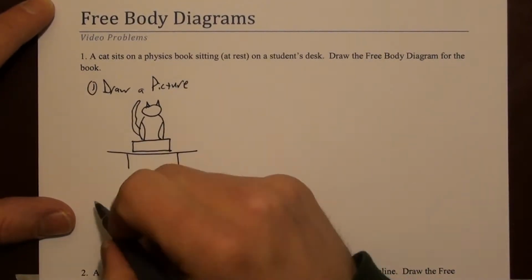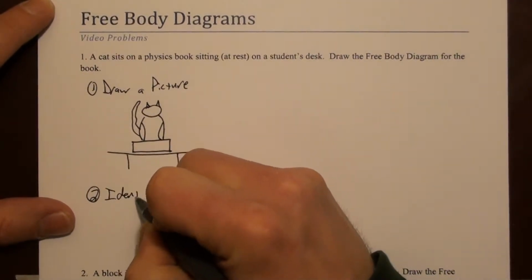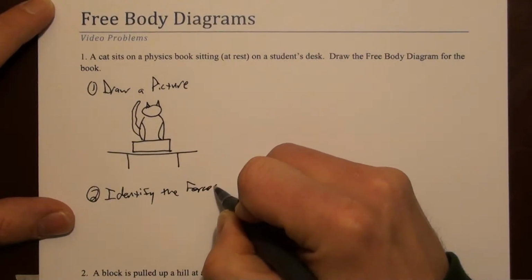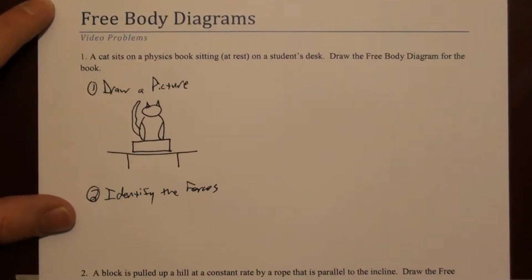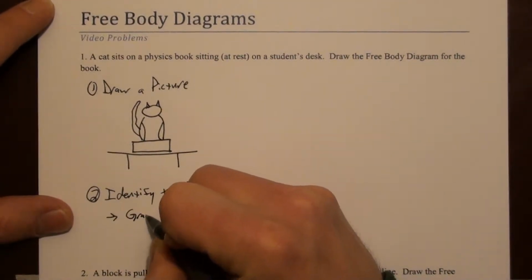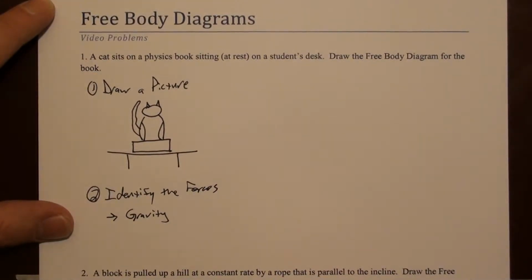So the next step is maybe to identify all of the forces on the book. And remember, we just need the forces on the book itself. So gravity is the easy one. Gravity is in any problem that's based on Earth.